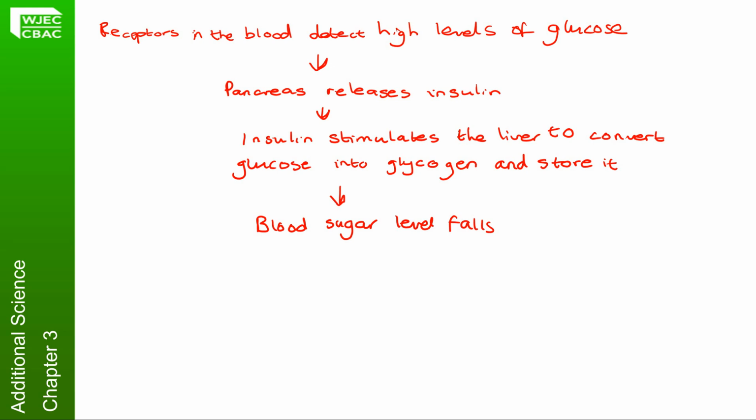So if we look at the second flowchart then, so when blood glucose levels are too low, I'm just going to rub out certain words and change them slightly. So when receptors in the blood detect low levels of glucose, the pancreas releases glucagon.